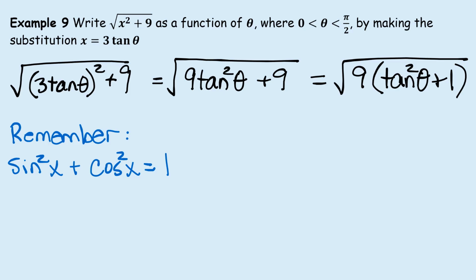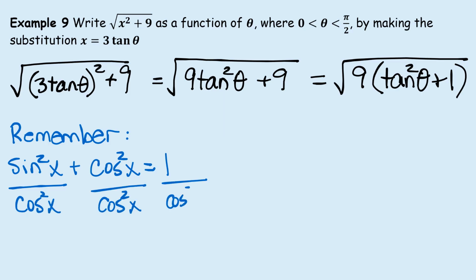If you divide this equation by cosine squared x, the first term is going to be tangent squared. That gives me the other Pythagorean identity, which says that tangent squared x plus 1 is equal to secant squared x.